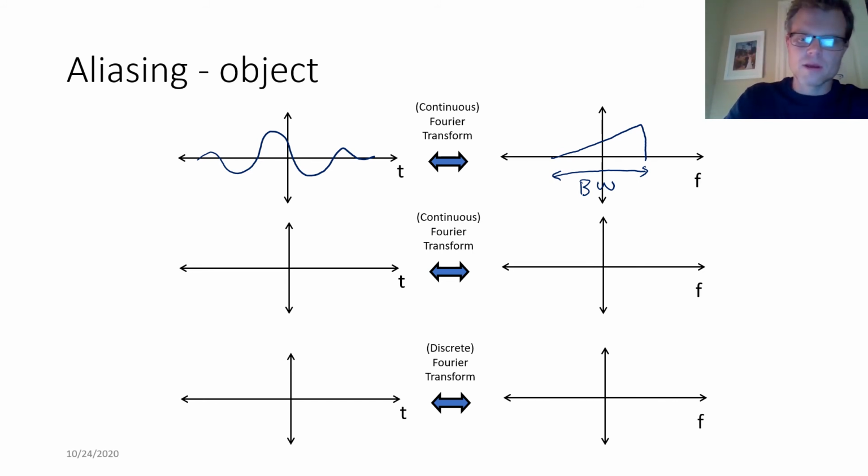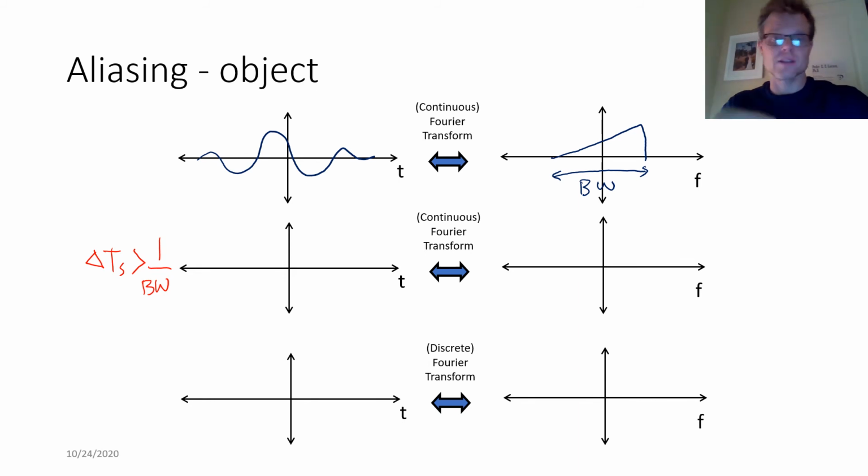What if we choose our sampling rate such that it's bigger than this bandwidth?